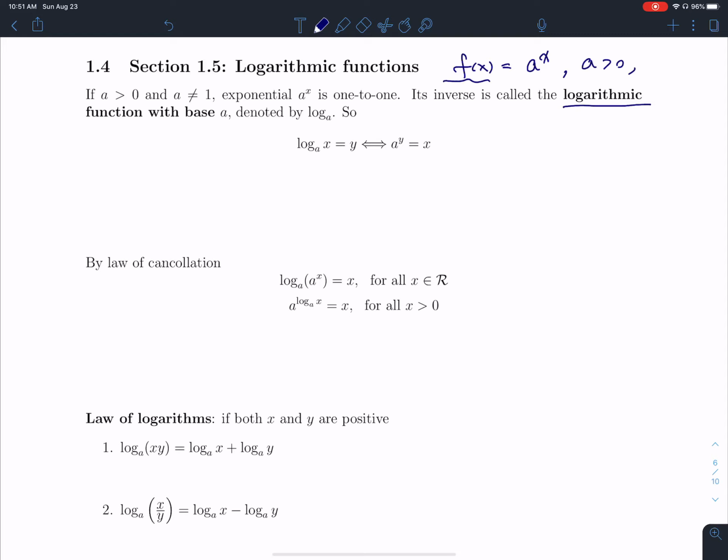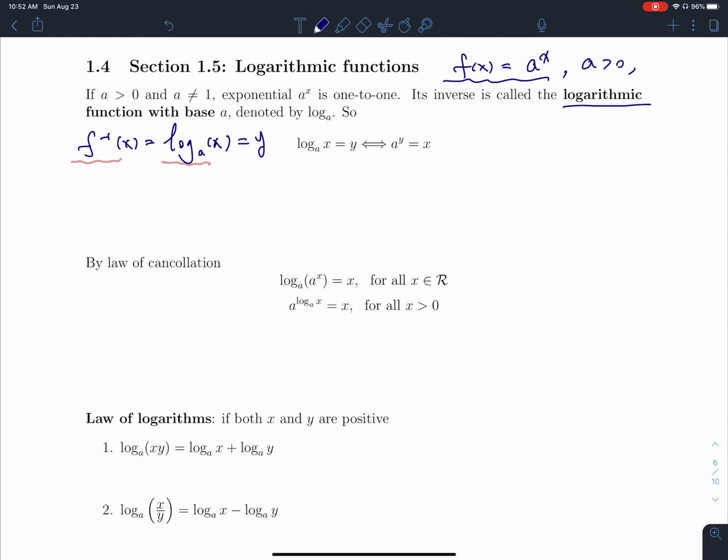Okay, so here, remember, we want to use some abstract notation so we can manipulate. So here we have f of x equals a to the power x, that is the exponential. And what is the inverse? The inverse of this exponential function will be log a of x. Okay, so now we should see f inverse is log a, and we said it should be equal to y.